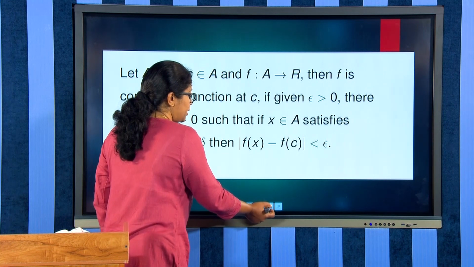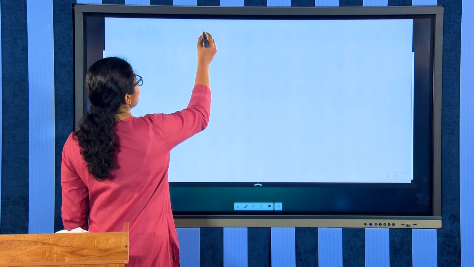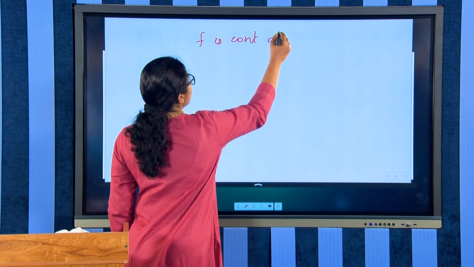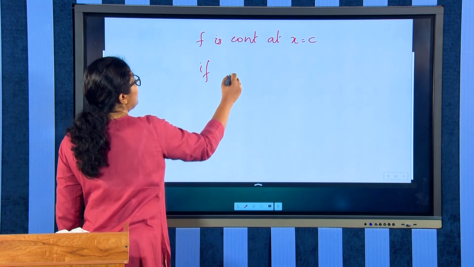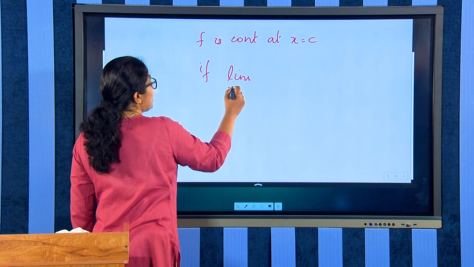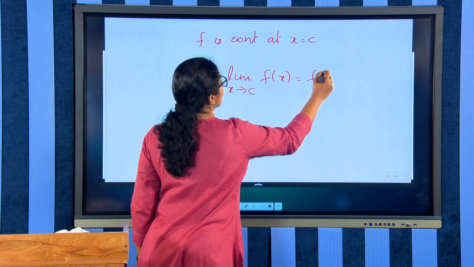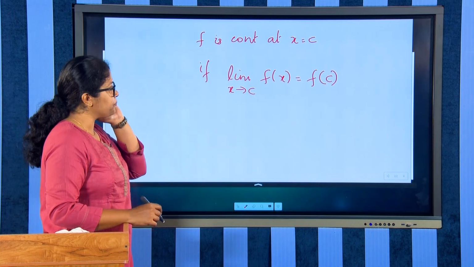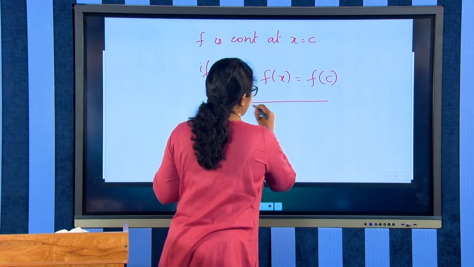So this is denoted using the notation: f is continuous at a point x is equal to c if limit x approaching c of f of x is exactly equal to the value of the function at that point c. So, this is the concept of continuity.